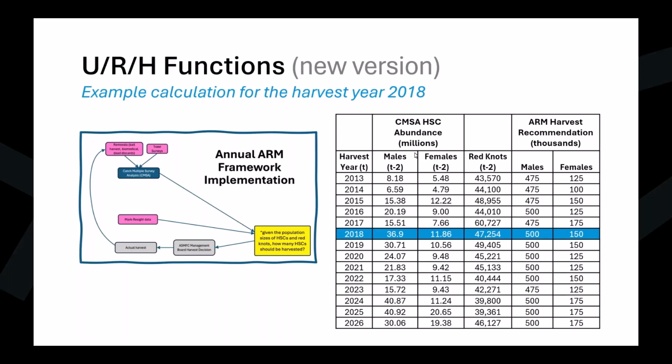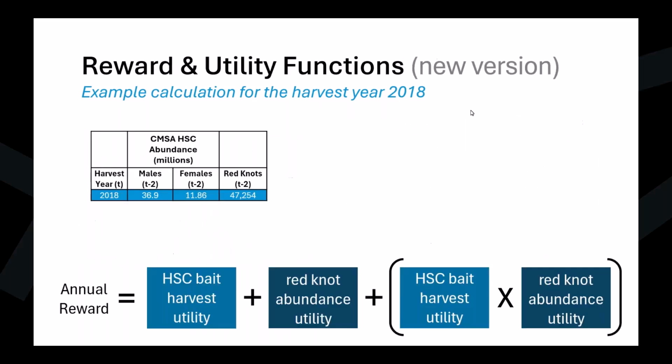There's a lot of reasons for that. They get fairly complicated, so just note that's the way it is. And then the survey, it's not just a single survey, but now this CMSA method of estimating horseshoe crab abundance. So in this case, in 2018, we have 36.9 million males, 11.86 million females, around 47,000 red knots.